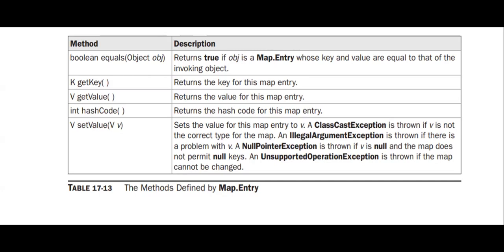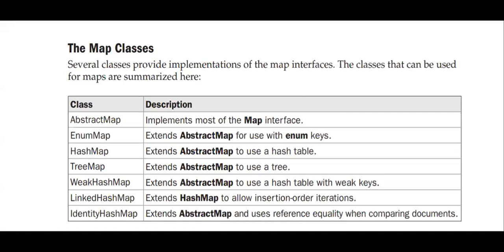So next we have the map classes. Just like the interfaces, we have the map classes. Map classes provide the implementation of the interfaces which we have discussed so far. Just like in the beginning we had the collection interfaces and then discussed the classes implementing those collections, similarly these are the map classes that are implementing the map interfaces.